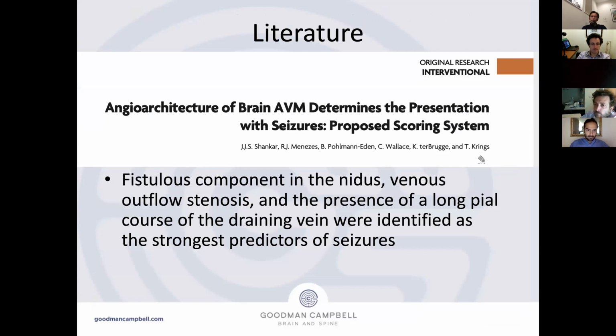They found fistulous components of the nidus, venous outflow stenosis, and the presence of a long peel course of draining vein were identified as the strongest predictors of seizures. So venous outflow stenosis in the same way that we did, and they identified a feature called long peel course, which is sort of similar to what we're saying with IVCP in terms of spreading increased venous pressures over greater cortical territory. So I'll just wrap up here.